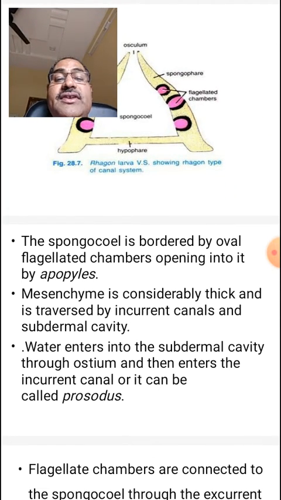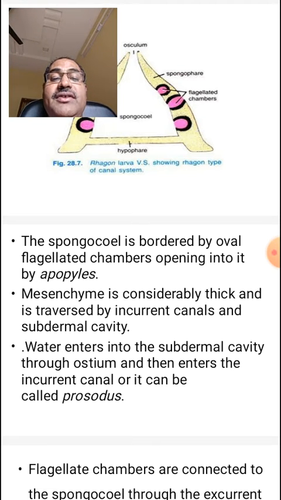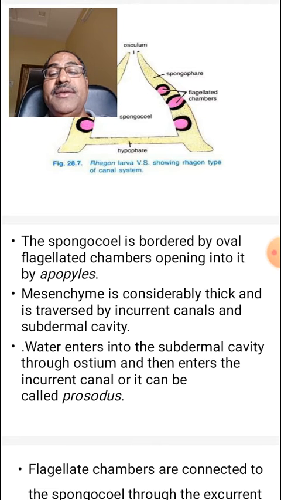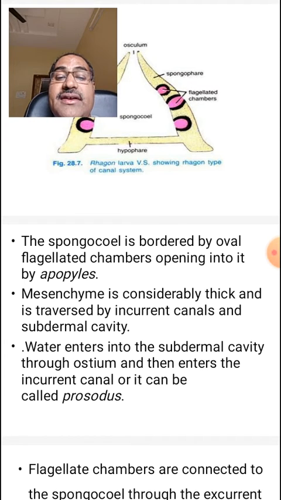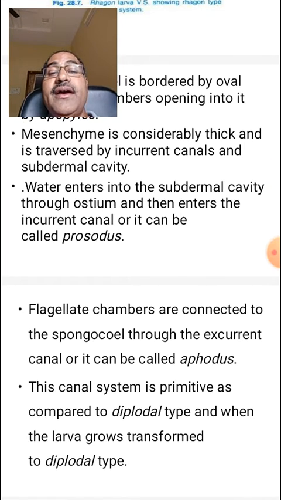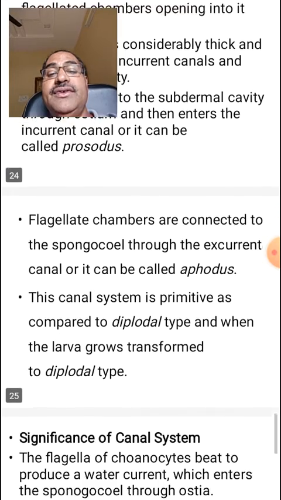The spongiocele is broadened by the oval flagellated chambers opening into the apopyles. The mesenchyme is considerably thick and is traversed by the incurrent canals and subdermal cavities. The water enters the subdermal cavities through the ostium and then enters the incurrent canals, which can be called prosodus.